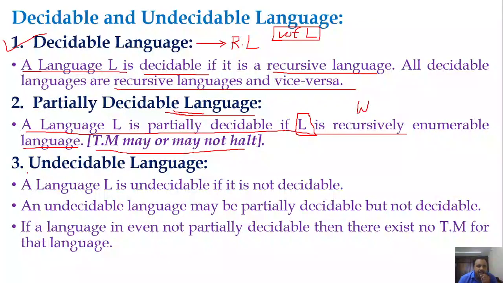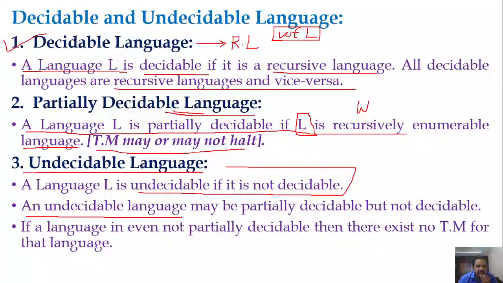And next one, undecidable language. A language L is undecidable if it is not decidable. One more property here is that an undecidable language may be partially decidable but not decidable. So an undecidable language could be either partially decidable or not.